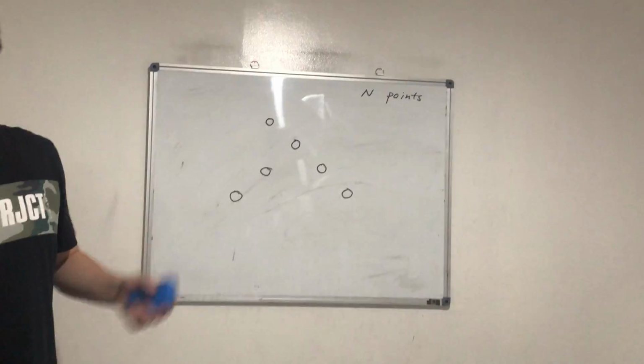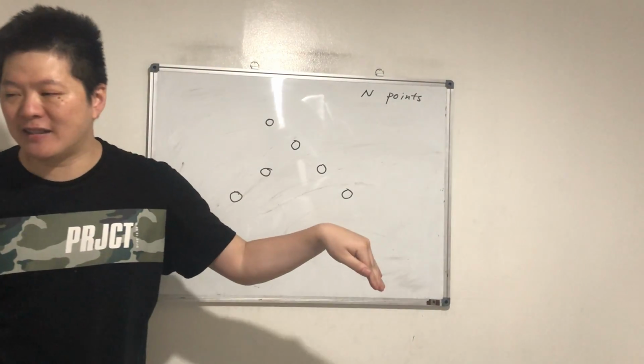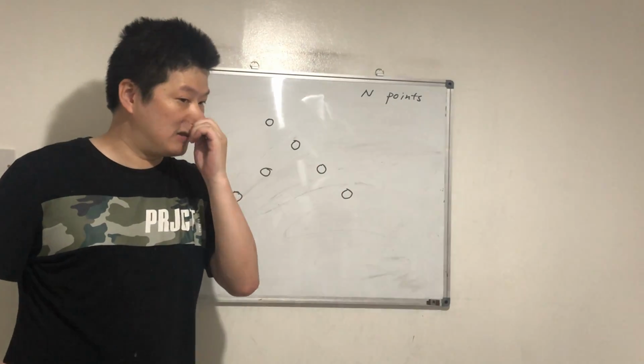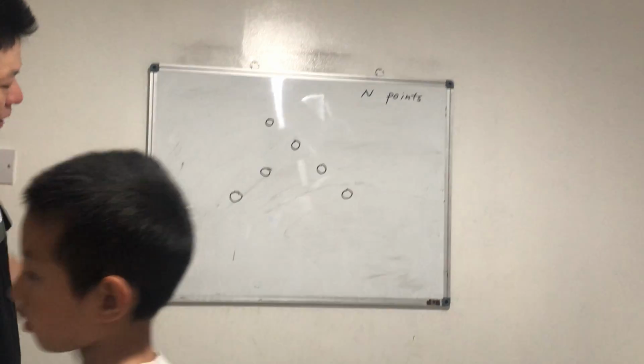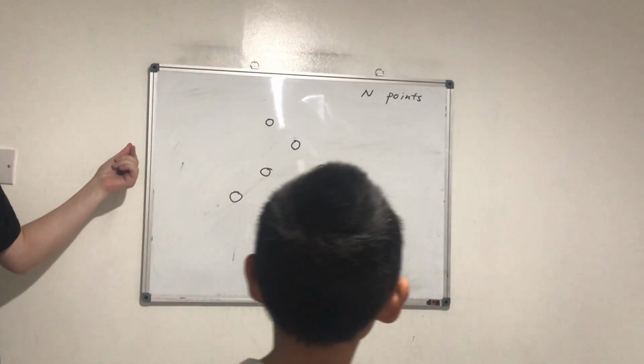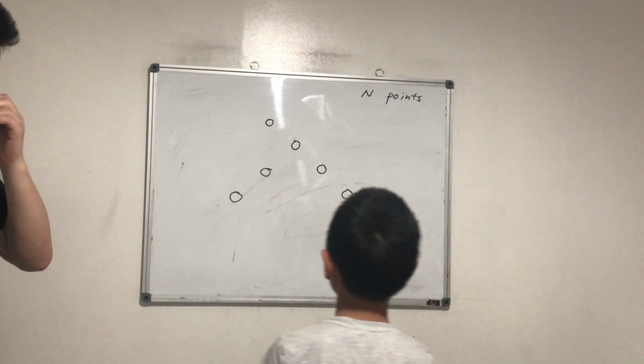Basically, we want to find a line that crosses the most points. So in this example, how many is the maximum number of points you can get here?